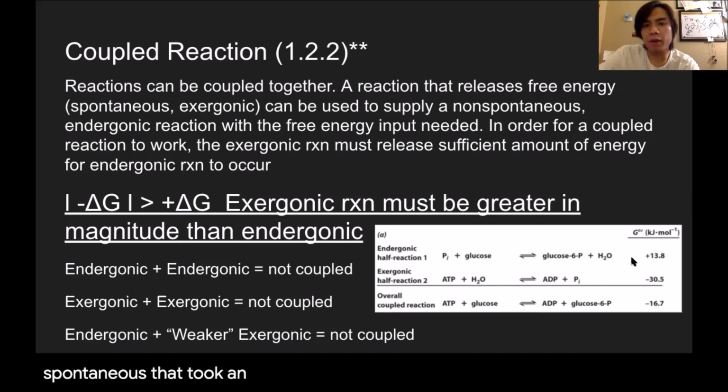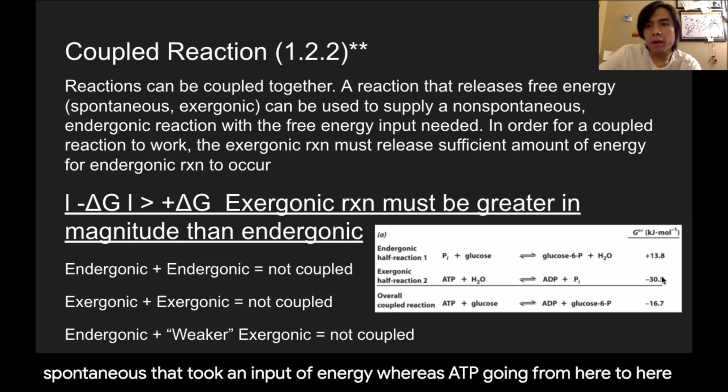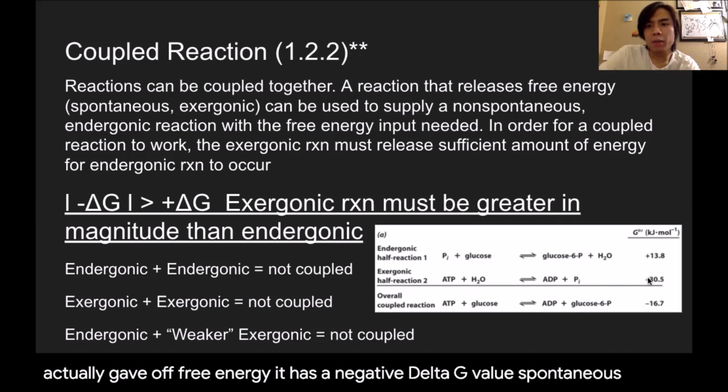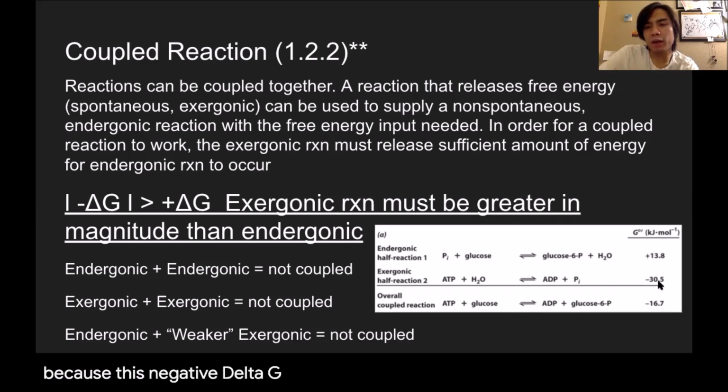That took an input of energy, whereas ATP going from here to here actually gave off free energy. It has a negative delta G value, it's spontaneous. Because this negative delta G value is greater in magnitude than this positive delta G value, this would be a favorable reaction.